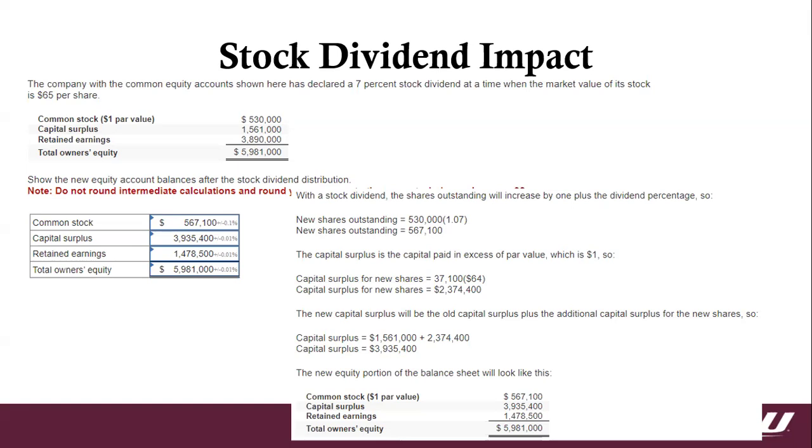So the number of shares outstanding is going to increase by 7%, right? And then the capital surplus, the capital paid in excess of that par value, right? So instead of $1 per share, it'll be that 64 remaining dollars, because it's 65 total in the market, right? And that would give us what the capital surplus is on these new shares that we've sent out.